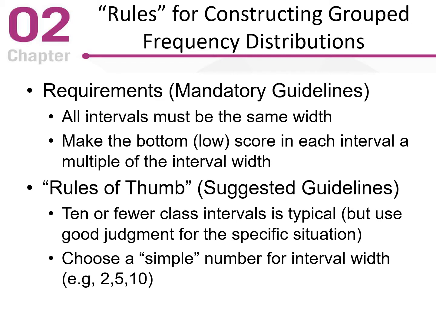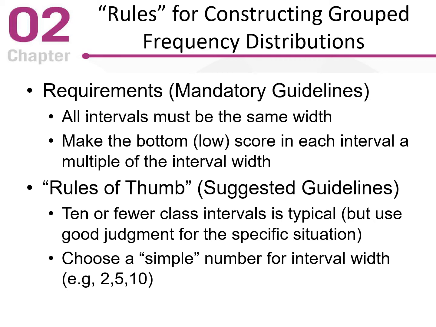Sometimes the interval width can be large. If you have a huge range of scores, the interval width is going to be bigger. Because if you make the interval width too small with a huge range of scores, you're going to have many, many more than 10 intervals.